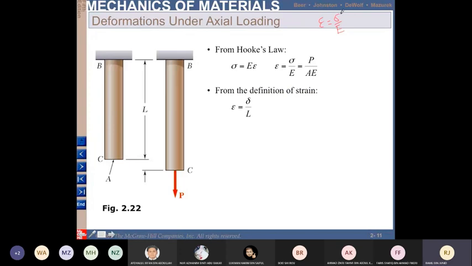You know that in the previous chapter, stress is equal to P over A. So strain will be equal to P over A, over E. When you simplify this equation, it will become P over A E. So you get this one.